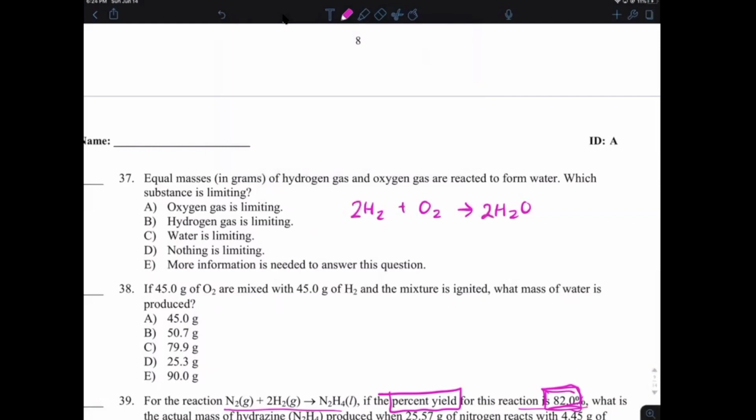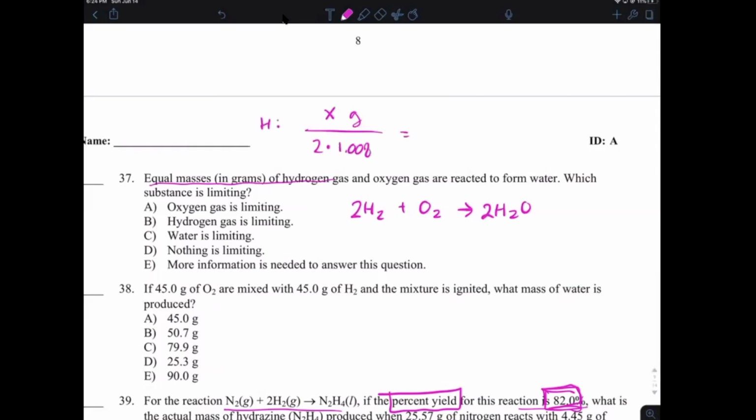Okay, so we're told equal masses of H2 and O2 are reacted. So not equal number of moles, but equal masses. So if we convert that to moles, let's say there are X grams of H2 and O2. Let's divide by the molar mass. Let's do it for H2 first.